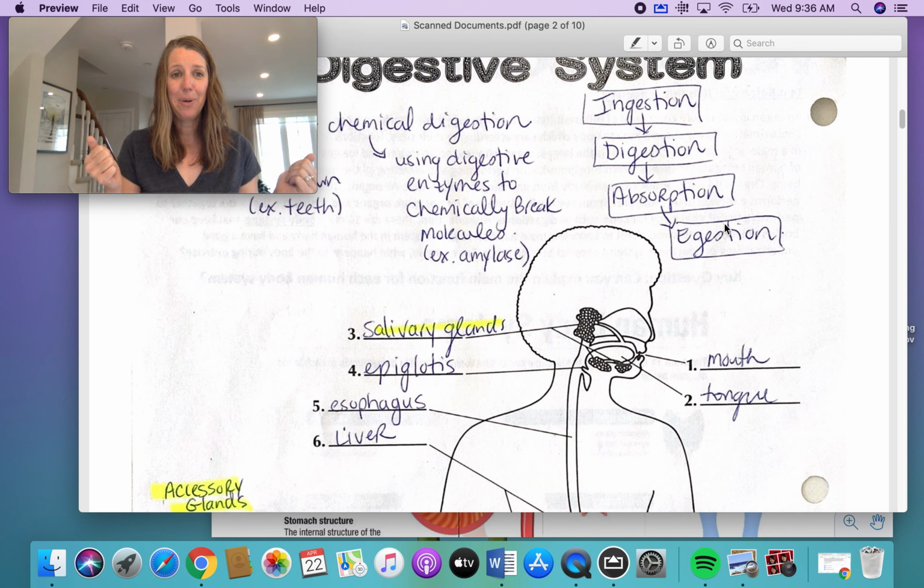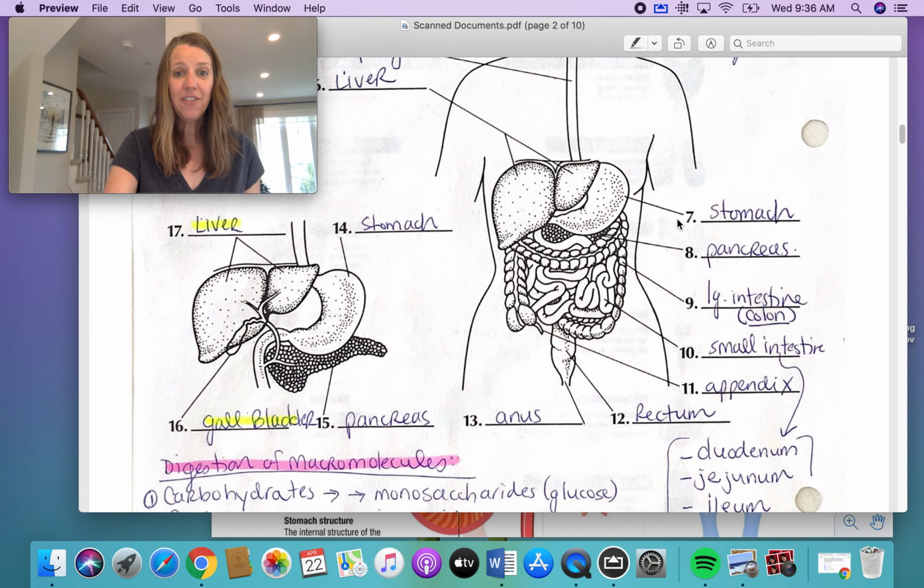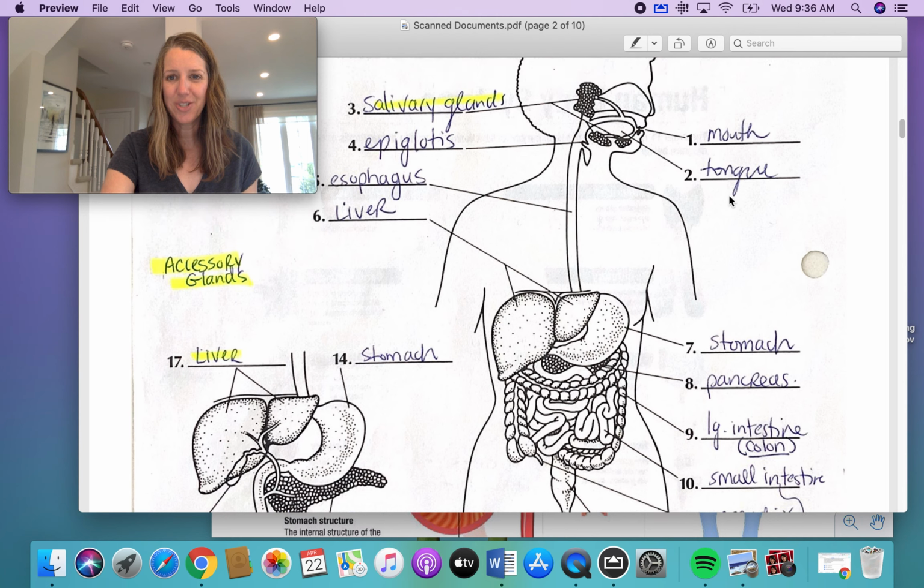So if you're eating a hamburger bun, your body needs to start to break down that hamburger bun so that you don't end up with a hamburger bun in your stomach. You end up with molecules of glucose, which by the time they get to your small intestine are small enough that they can travel through the cell membrane to your bloodstream, and then those molecules of glucose travel to every single cell.